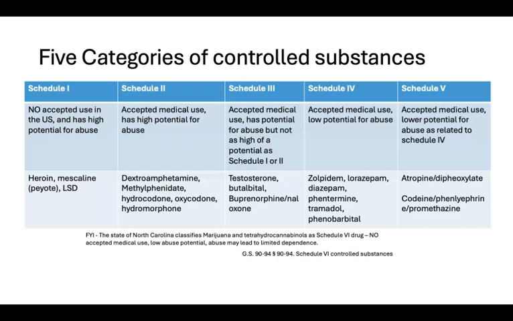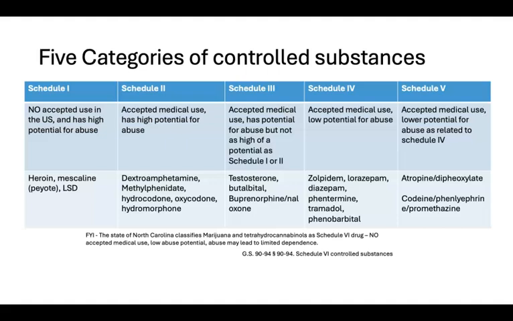Then you have Schedule 4s, which have accepted medical use with low potential for abuse. And then Schedule 5 drugs have an even lower risk of potential for abuse, but they still are used for medical purposes, such as atropine and codeine or promethazine, Phenergan.